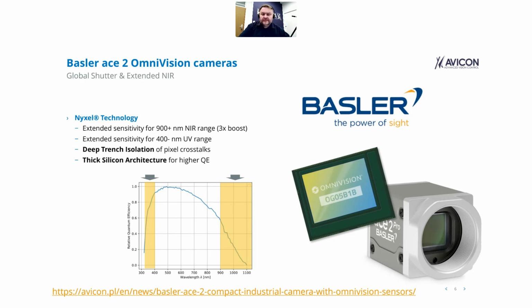So for this particular example, we have a great sensitivity for near infrared. You can see basically for 900 nanometers, which is a deep near infrared, I would say, the sensitivity reaches like 0.6 of quantum efficiency, which means 60% of photons are converted to electrons.